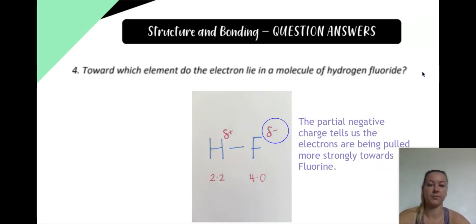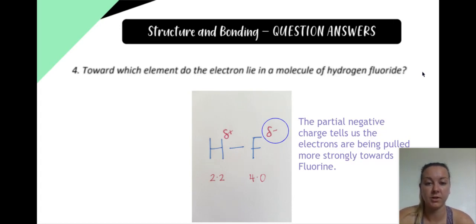Hopefully, after that lesson, you will know that there are 3 types of bonding now. You have covalent being split into 2 different parts. If the electronegativity difference is below 0.5, so 0 to 0.4, then you have what's called a pure covalent bond or a non-polar covalent bond.